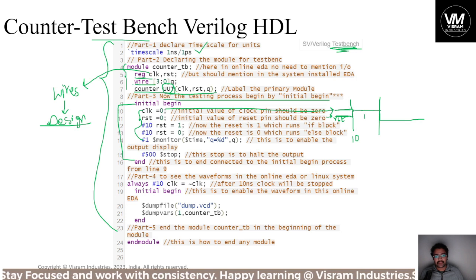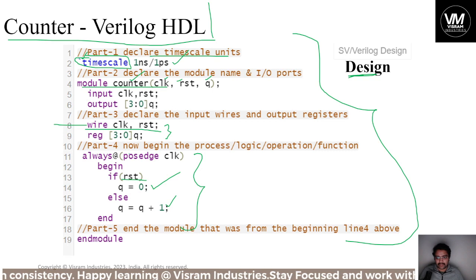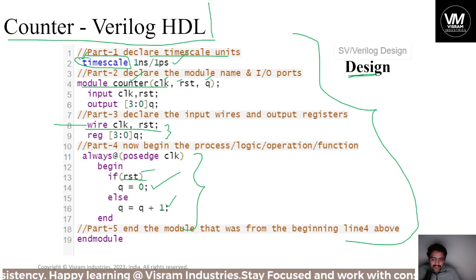Because if reset is equal to 1, it runs the if block. Let us go to the design here. If reset is equal to 1, then only q is equal to 0 is working.